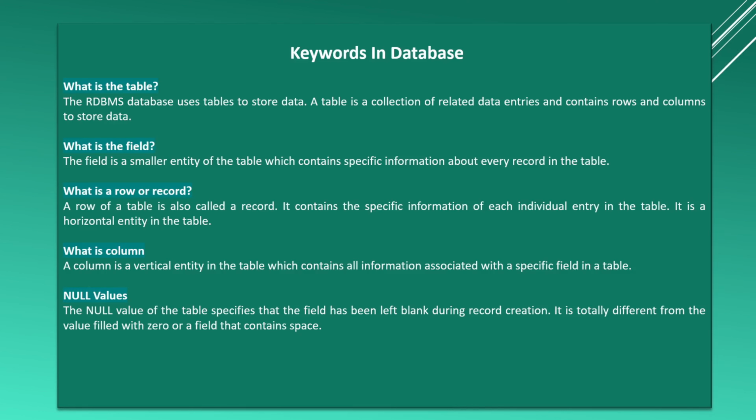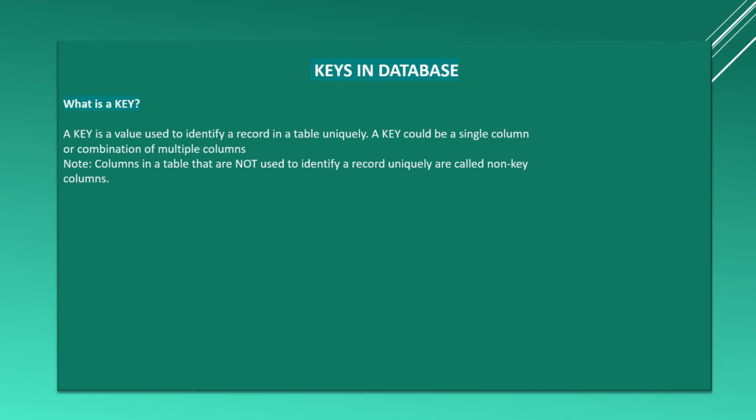Let's know about key in database. What is key? A key is a value used to identify a record in the table. A key could be a single column or a combination of multiple columns.